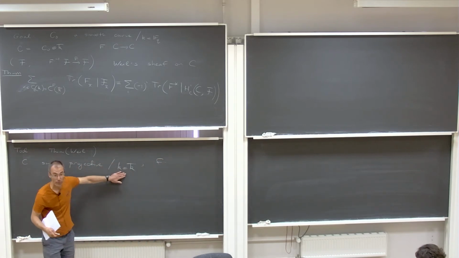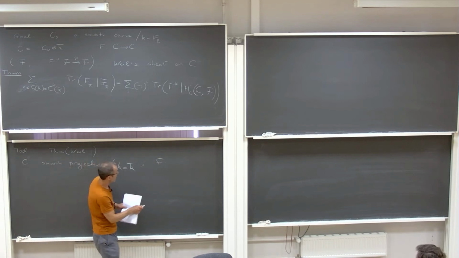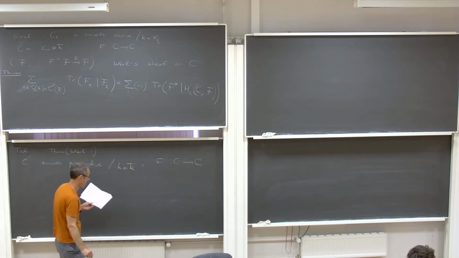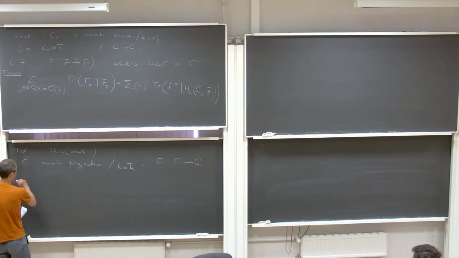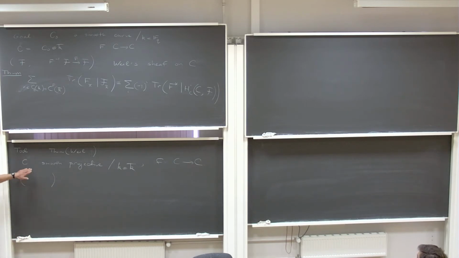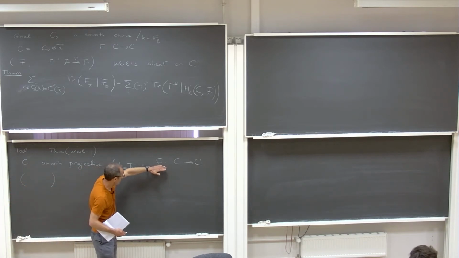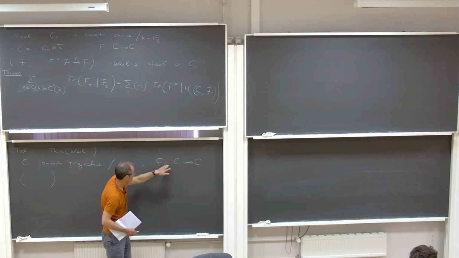K can be the field of complex numbers, for example. Suppose I have any map F from C to C. Then what I can do is take the number of its fixed points.